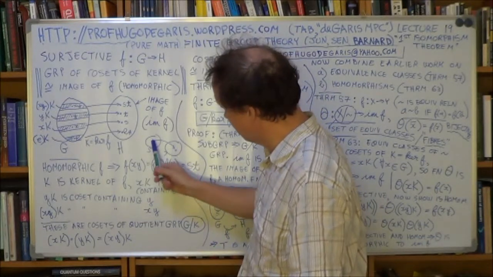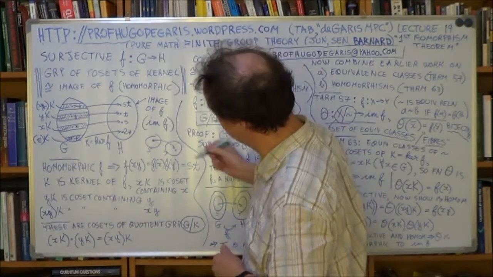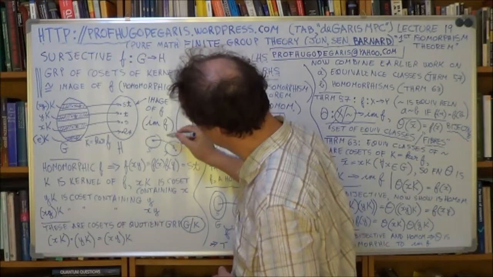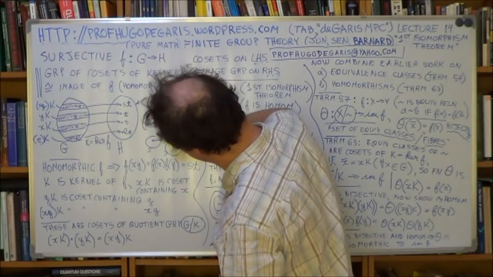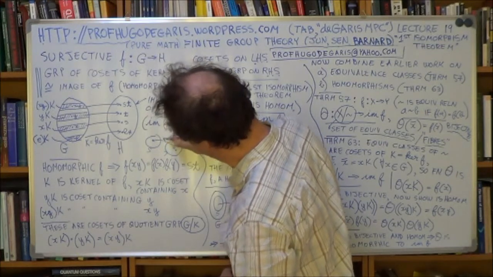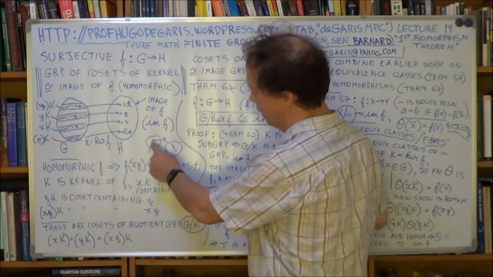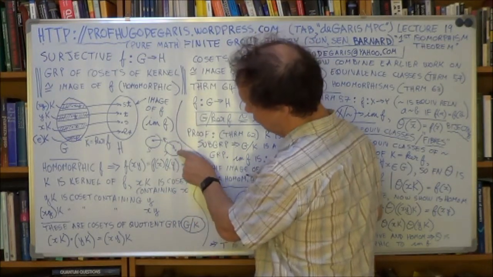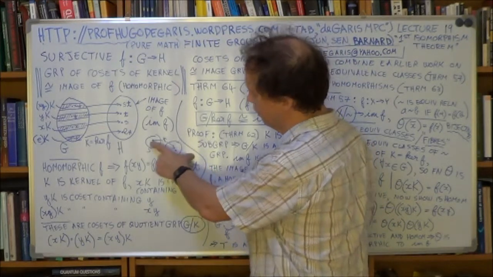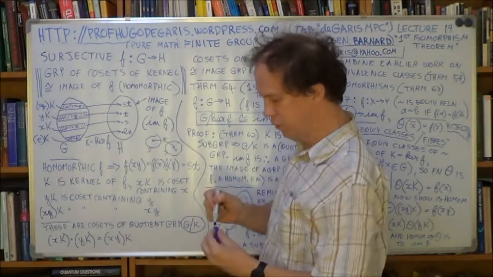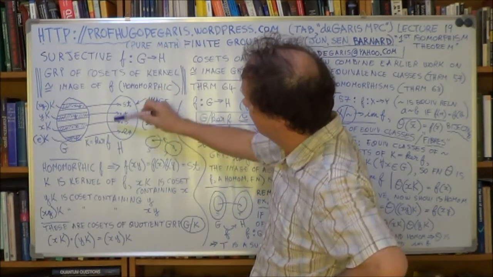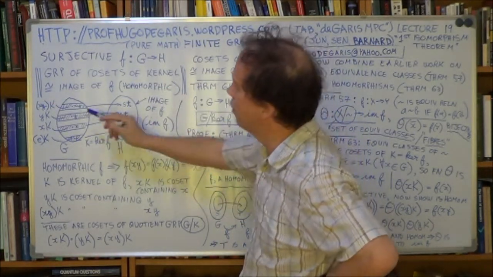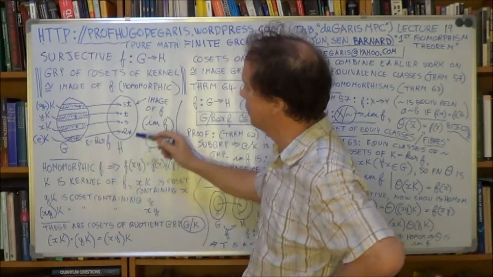This is the image of that one, because this element is mapped, I'll call it f if you like. It's a different f from here, it's confusing. What do I call it? P, mapping P. So P maps this element into this one. And this resulting element is called the image of this one. Okay, bit of revision.